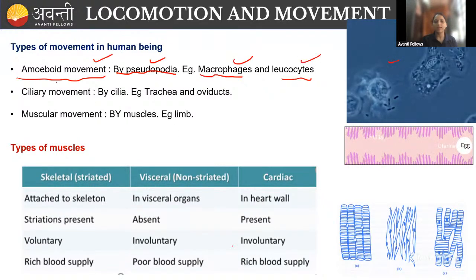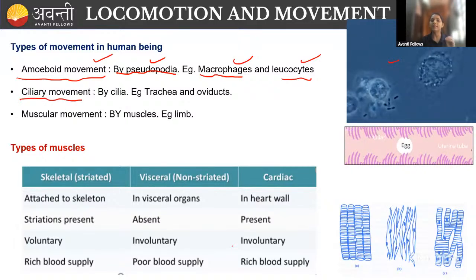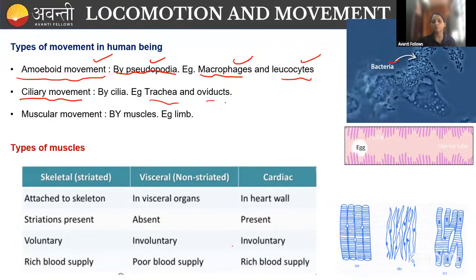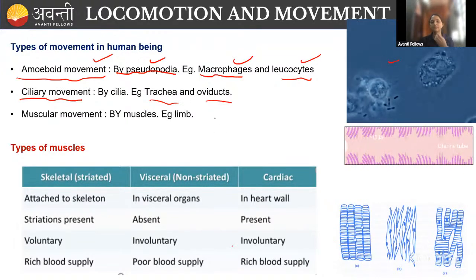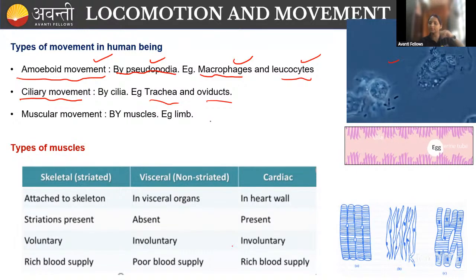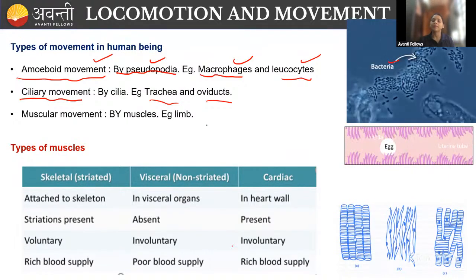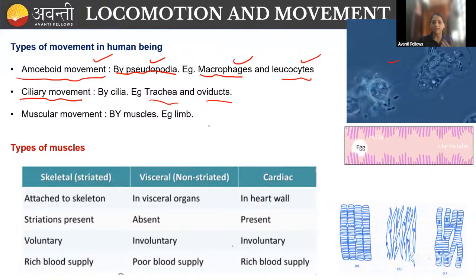Remember the examples. Then the ciliary movement, which you can see mainly in humans, in the trachea and the oviduct. In the trachea, if any foreign particles move inside, they will be thrown outside by the ciliary movement. Yes or no? By the ciliary movement, it will be thrown out. We do the coughing and all that, right?